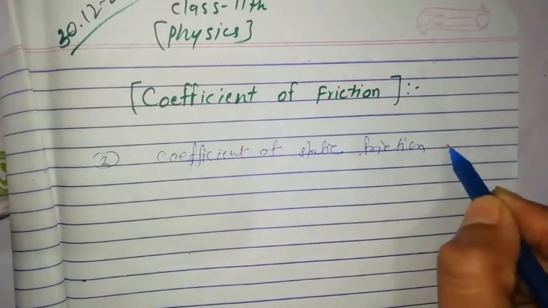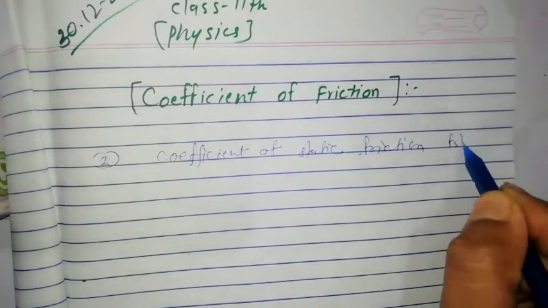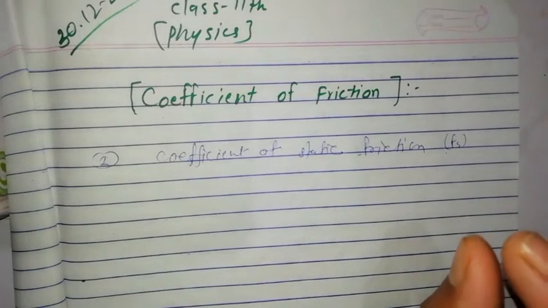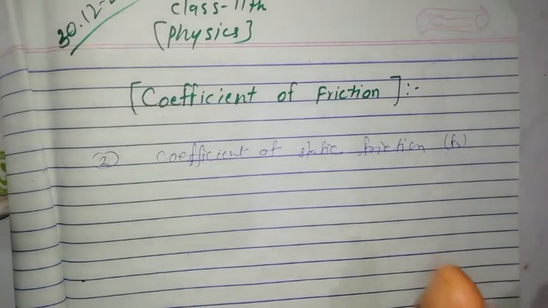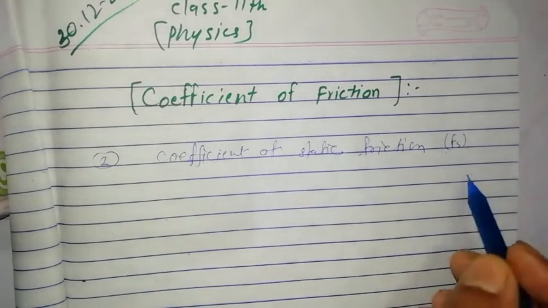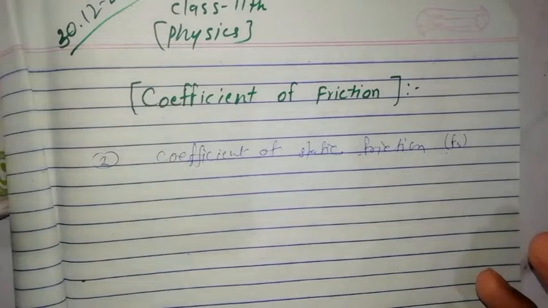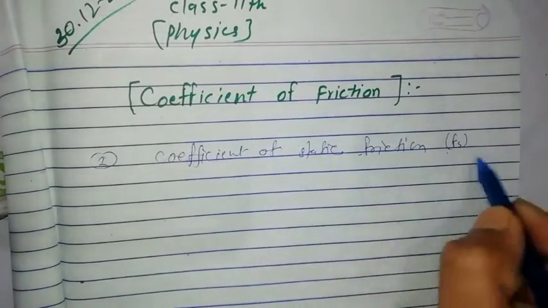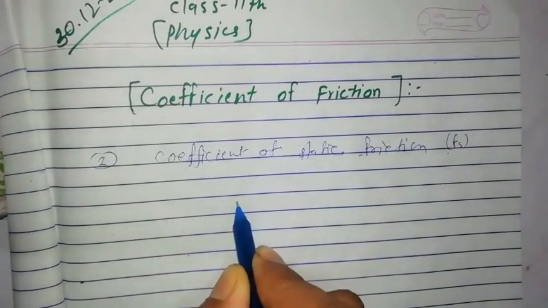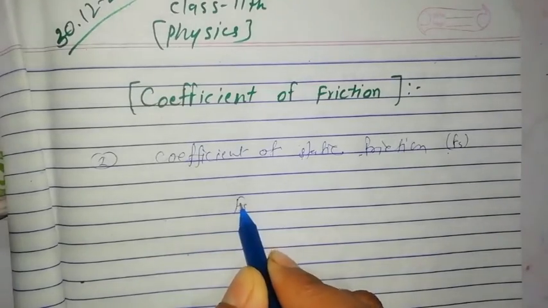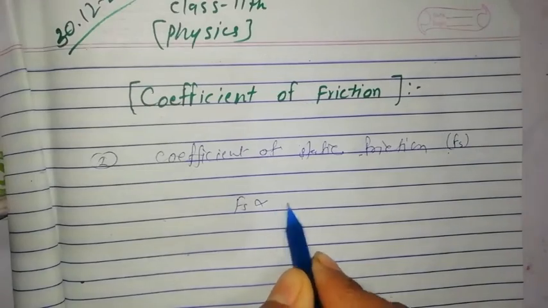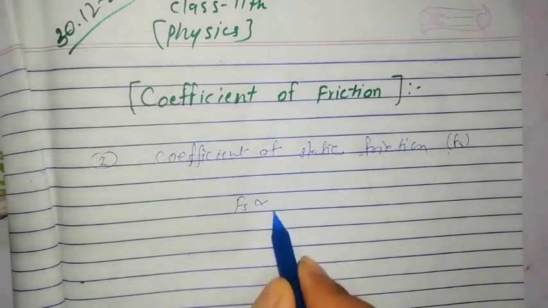The force of static friction, small fs, between the two surfaces in contact is directly proportional to the normal reaction R. That means static friction is directly proportional to the normal reaction between the two surfaces in contact.